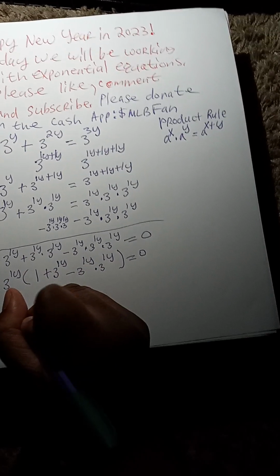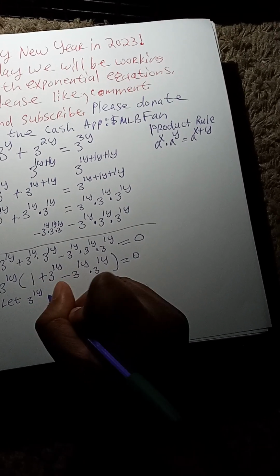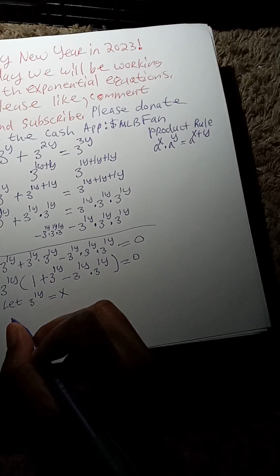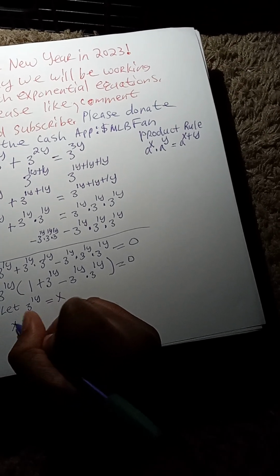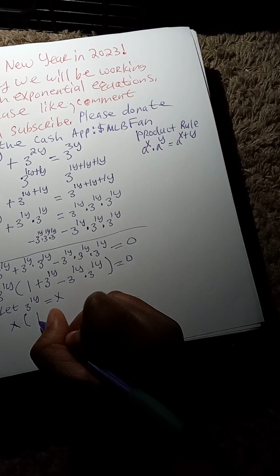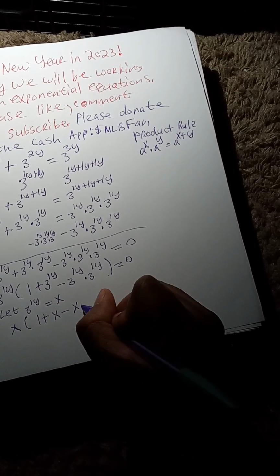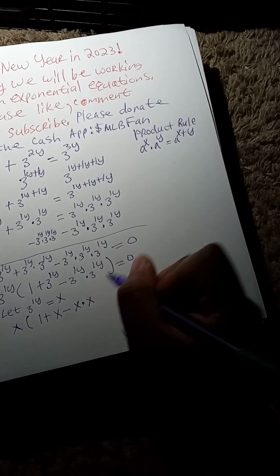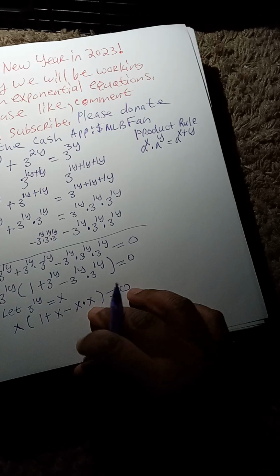So now let 3 to the 1y equal x. We're going to use substitution here. So it's going to be x times 1 plus x minus x times x is equal to 0.